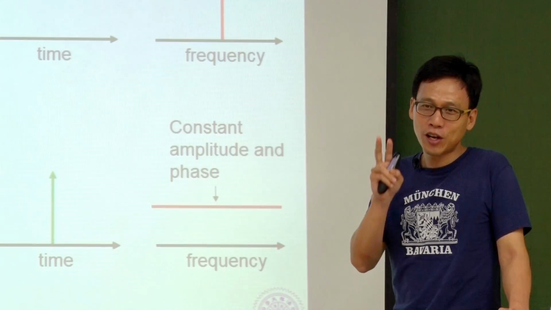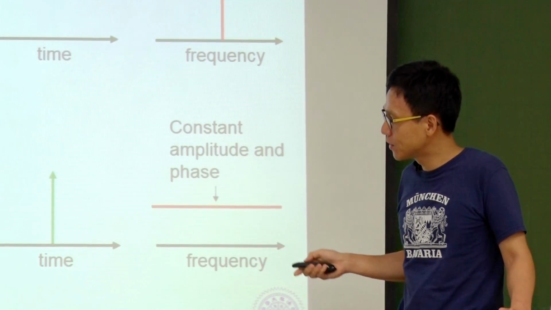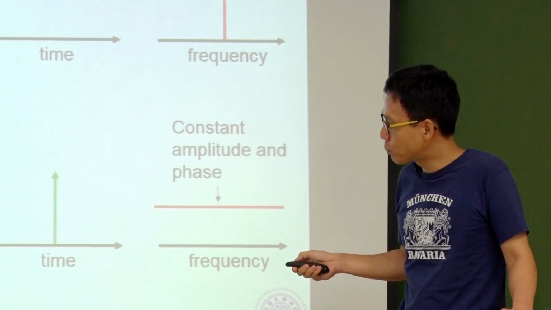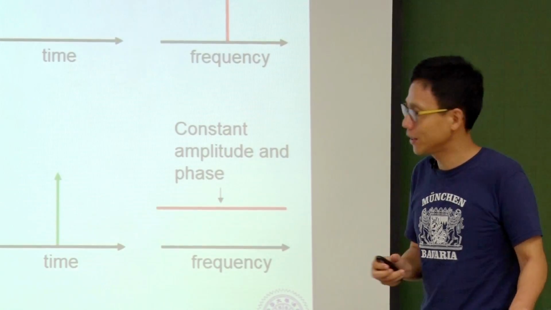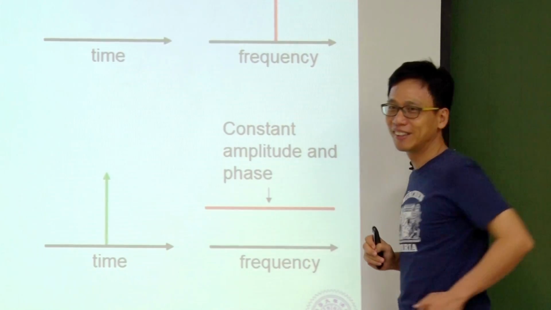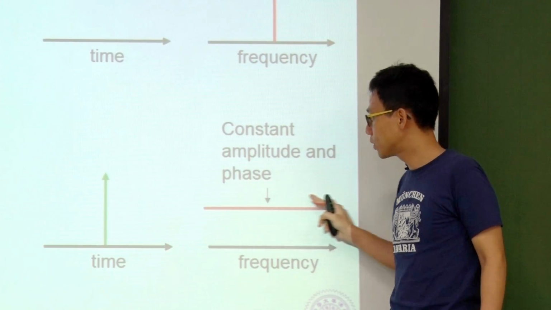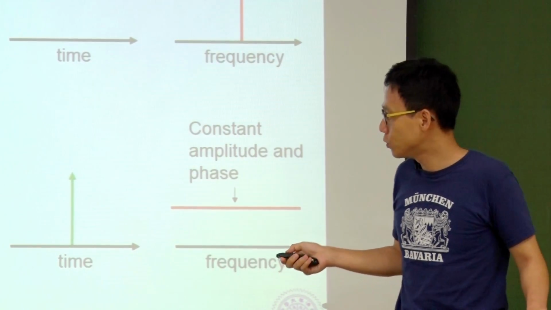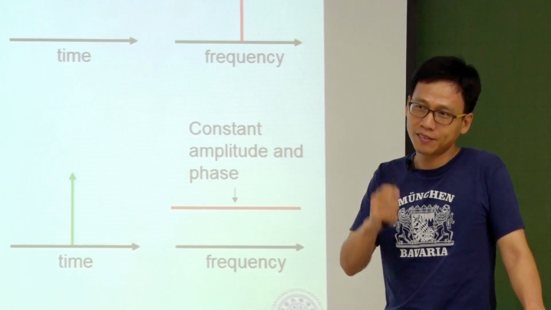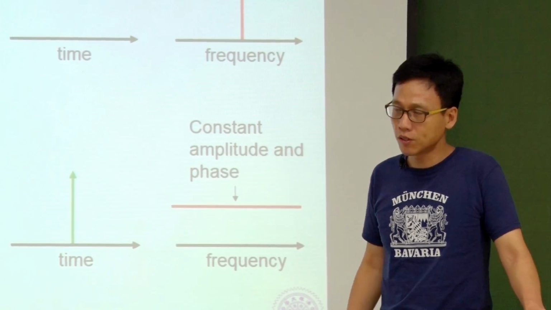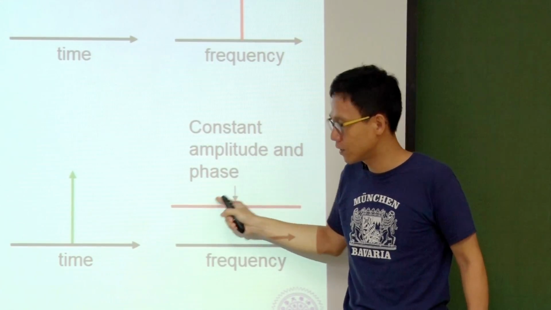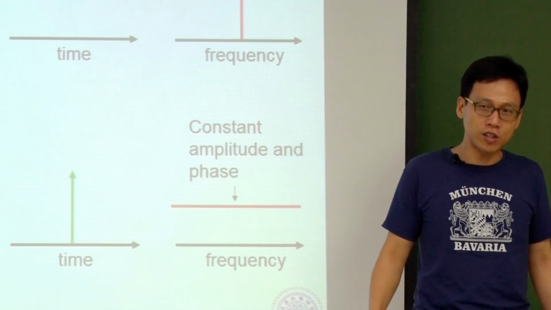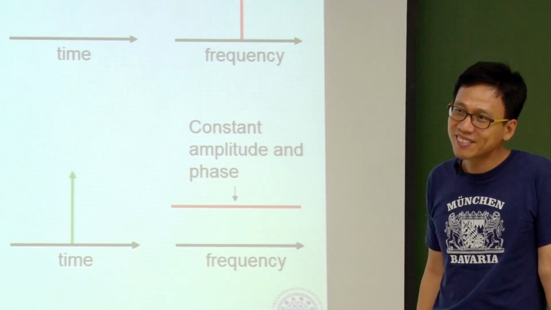Okay? You have to meet two requirements. First, you need a broad bandwidth, right? Broad constant amplitude. Secondly, you need phase locking. All the frequency components here, here, here, here, here have to share the common phase.